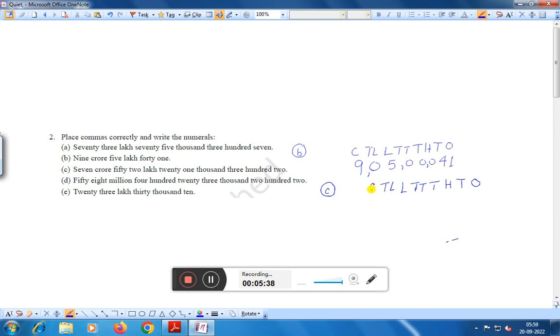This is crore, right? Now the question is 7 crore. That means it is 7 here. 7 crore 52 lakh, 7 crore 52 lakh.